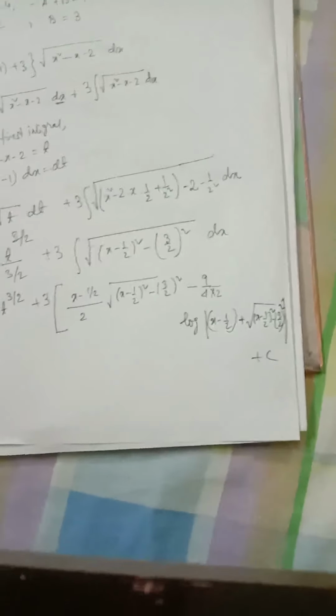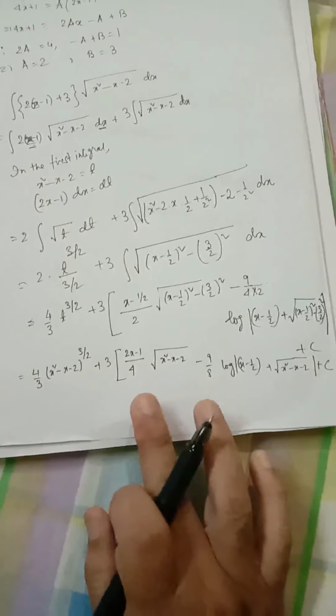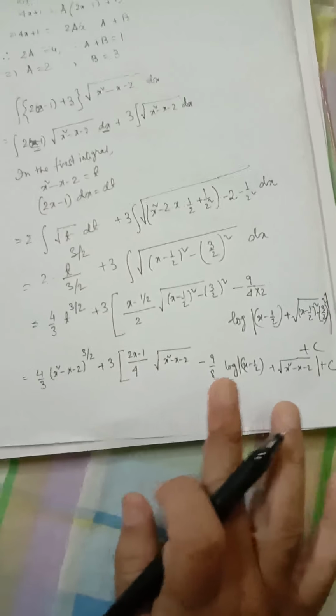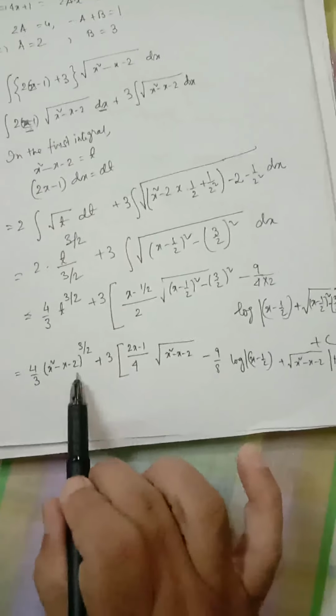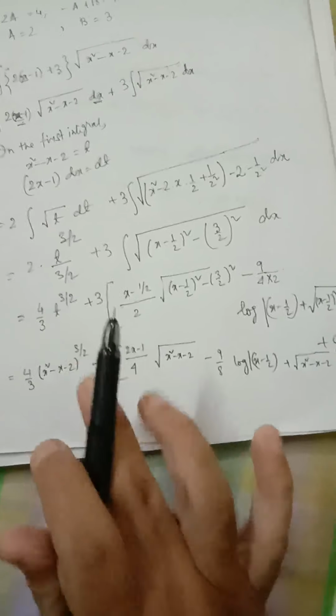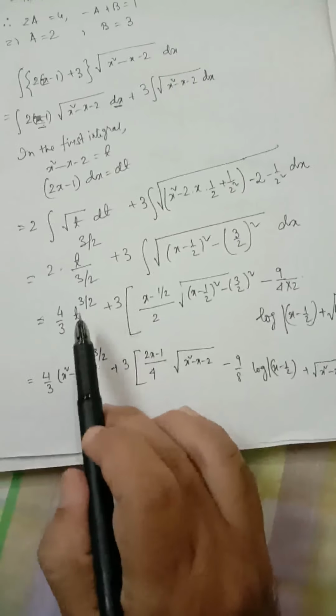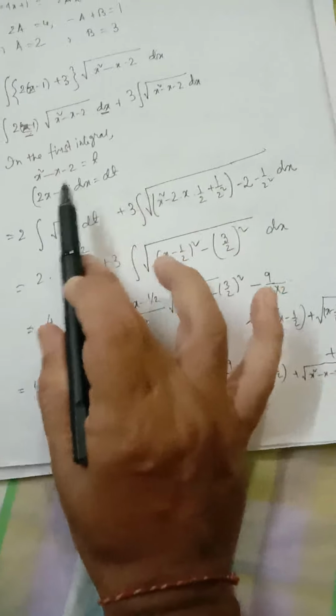Now we have to simplify, and after simplification we get the final result as this. Here in the first term, I replaced t by this, as we assumed t equal to this.